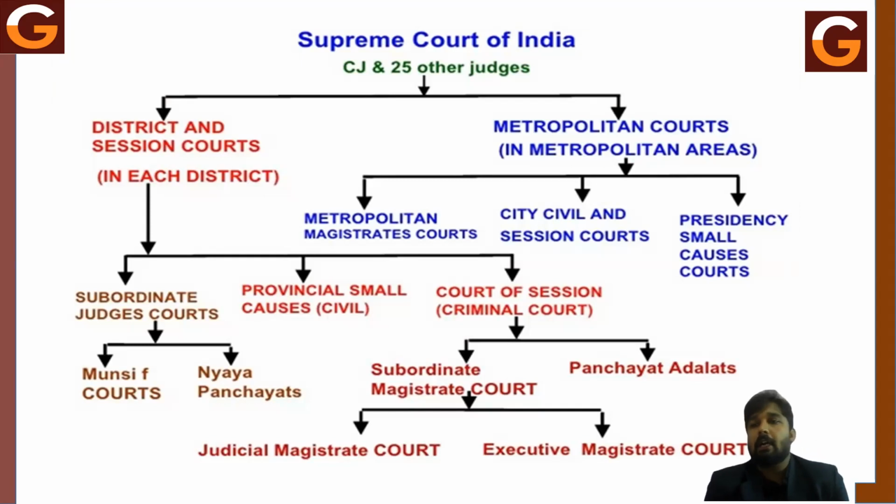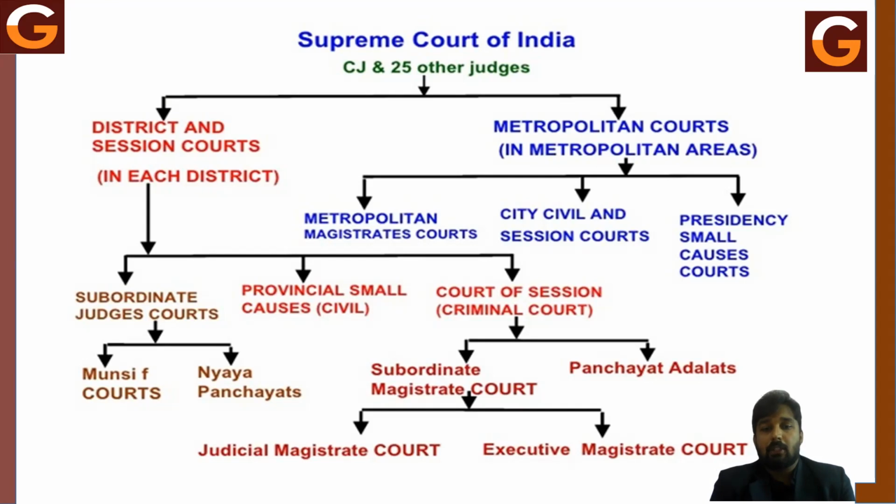Supreme Court of India has 25 judges. It can be a civil judge or a criminal judge, whom we often call metropolitan magistrates. Under the metropolitan magistrate, you have city civil and session courts, presidency, and the court of small causes. Under district and sessions court, you have subordinate courts, such as provincial court and court of session. Under subordinate courts, you again have municipal courts and Nyaya Panchayats.